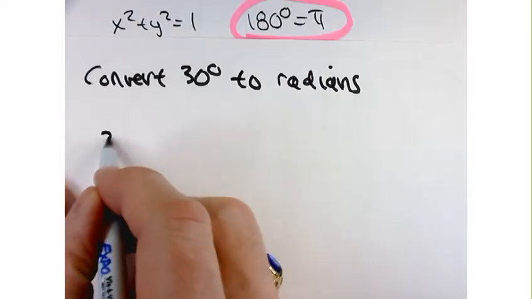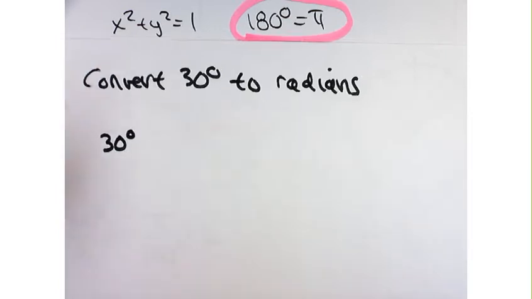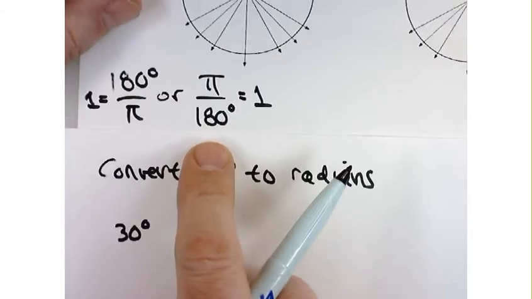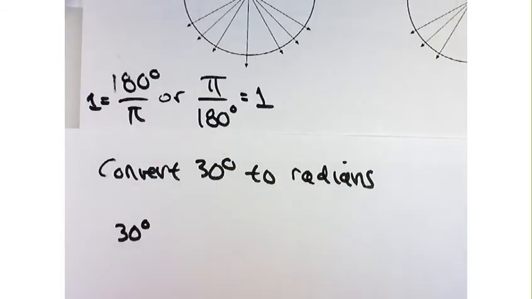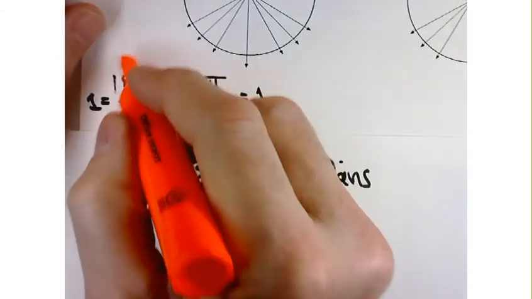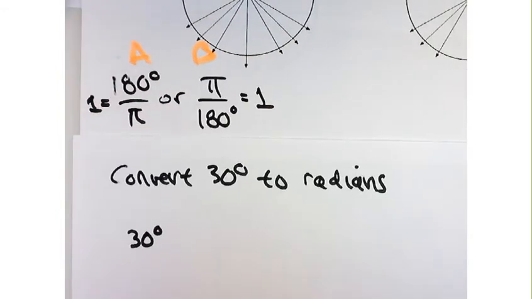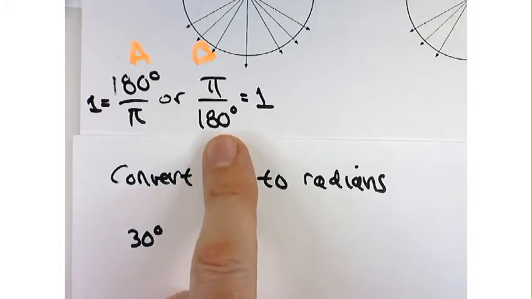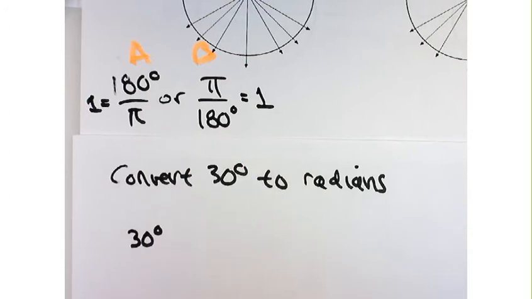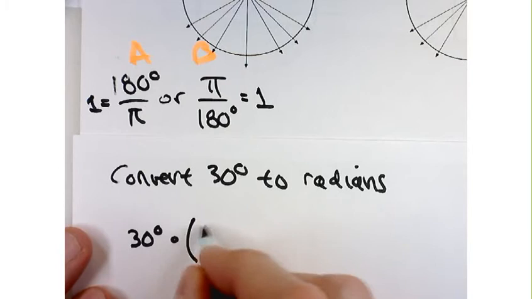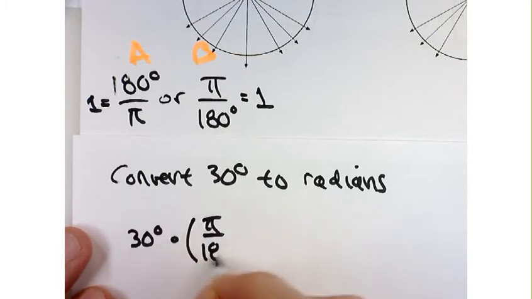So the thing is, you've got two different ratios that you can use. Let me call them A and B. The ratio you want to choose is the one that has the units you want to cancel in the denominator. So I'm going to choose this one. I'll multiply by pi over 180 degrees.